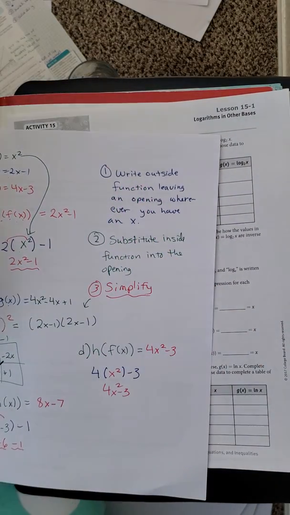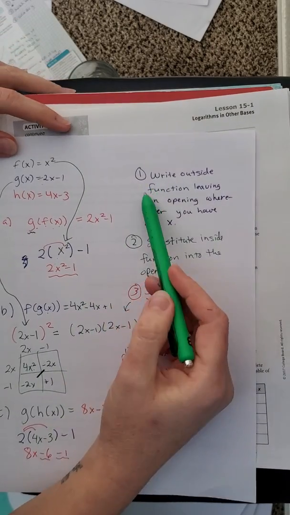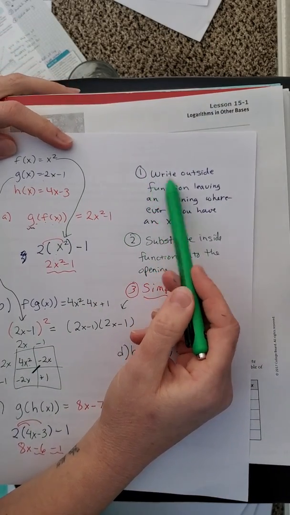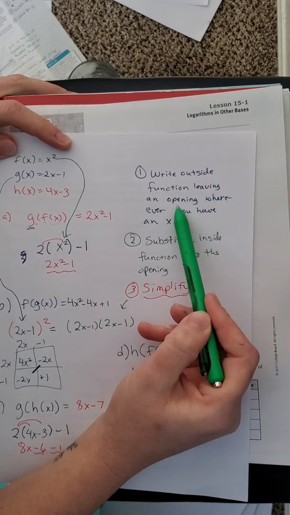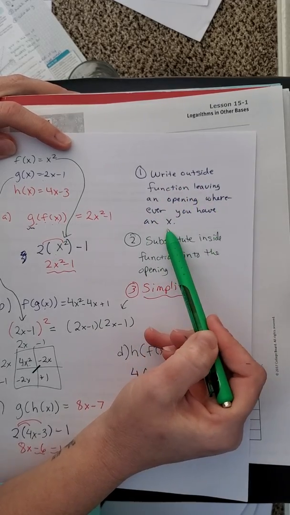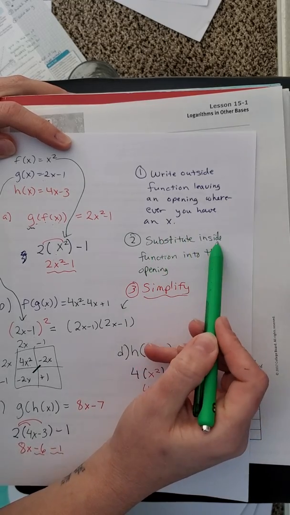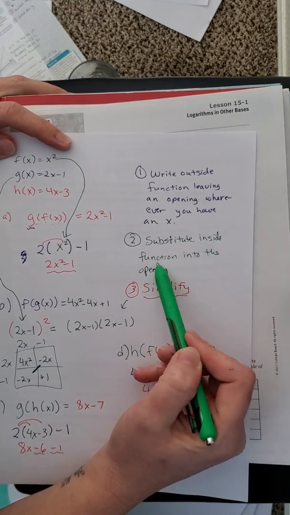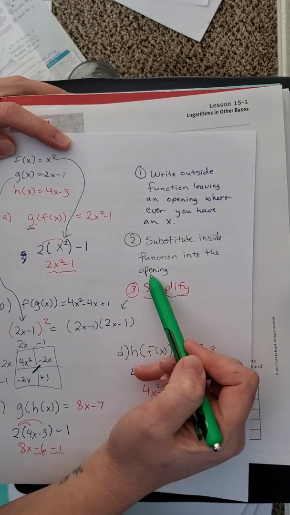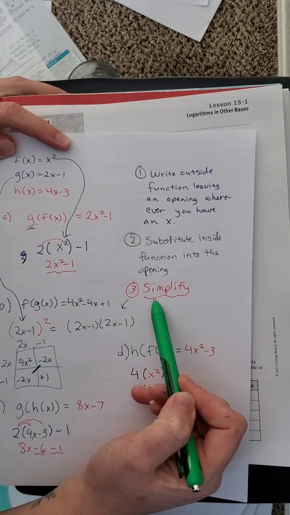So please write your directions down if you've forgotten how to compose functions. Right? So this was for math too. Write the outside function, leaving an opening wherever you have an x. Substitute the inside function into the opening and then simplify.